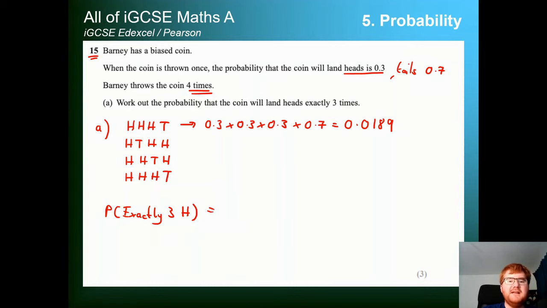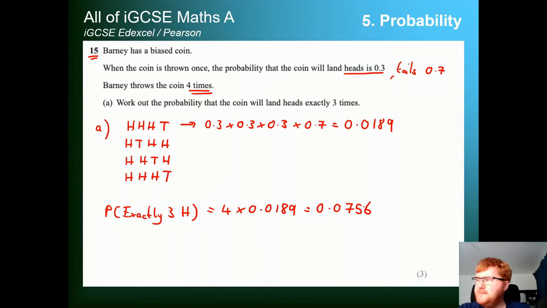We've got 4 combinations of this, so we take our answer and then just multiply that by 4, and that gives us then 0.0756. So again, the key thing is about thinking it through logically, going, okay, there's 4 combinations of it, work out one of those and then you can multiply it by 4, using the benefit here that there's no change in probability from throw to throw.